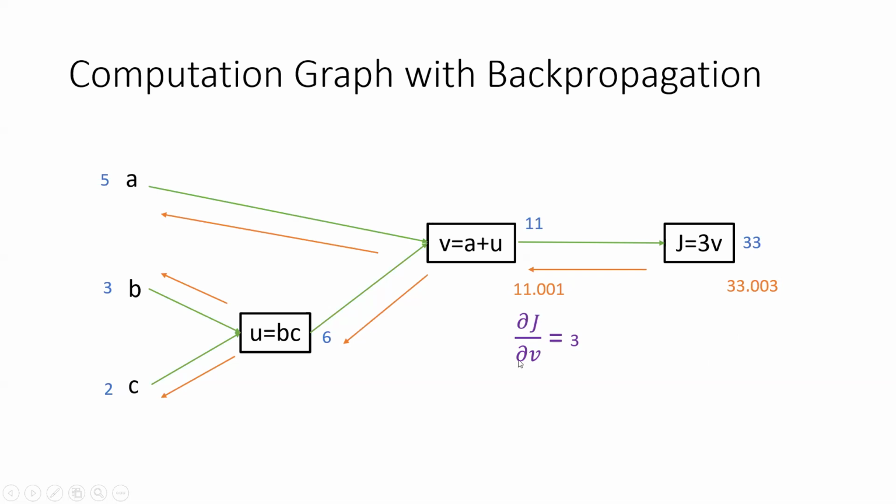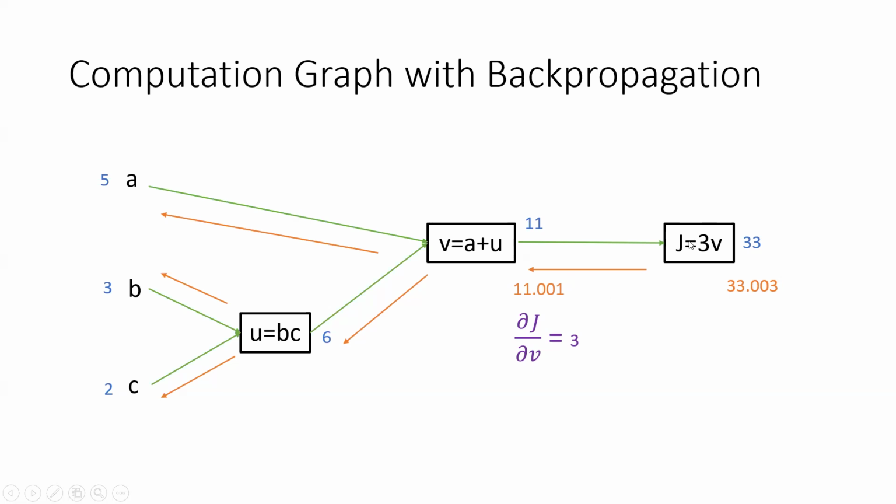That is, ∂J by ∂V is 3, the partial derivative of J with respect to V. I have used small values so that you can understand clearly. Using these two nodes, by increasing V a little and finding the effect in J, you can find the gradient between these two nodes.